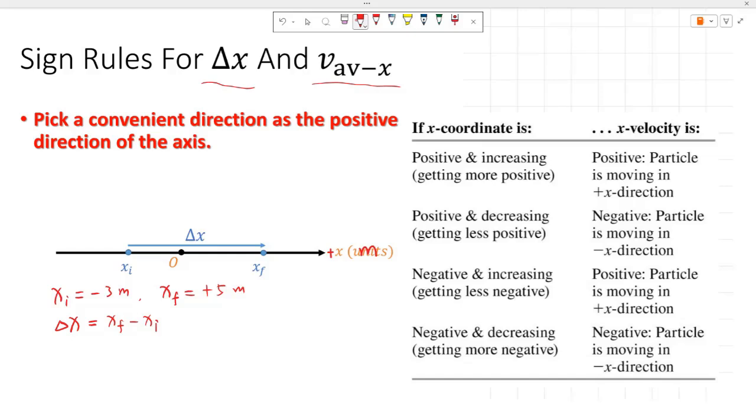So always final minus initial. So the final value of the position is +5, right? Minus the initial value of the position, which is -3. So you do want to respect the negative sign that was originally there in the initial position. Okay, so once you do the algebra correctly, 5 minus -3 gives us +8 meters.